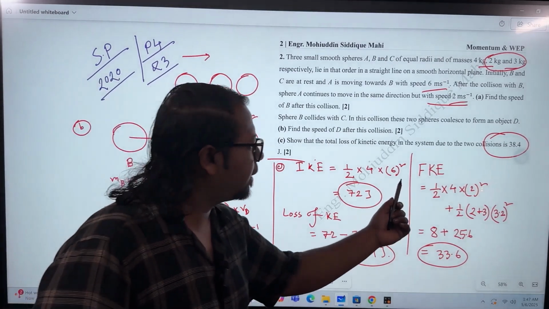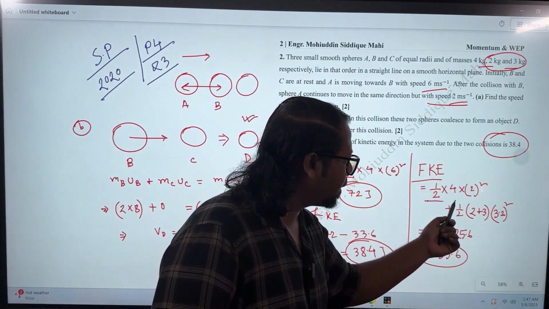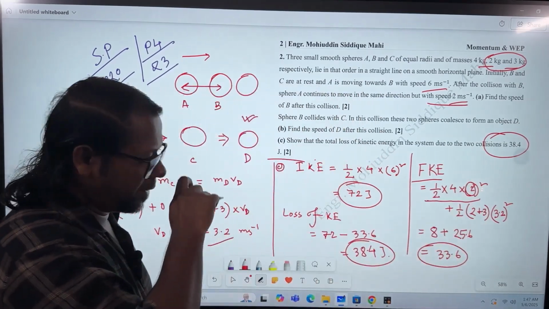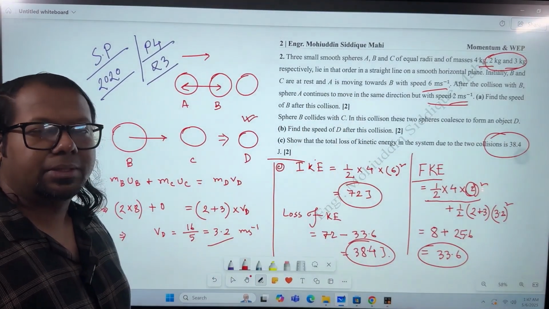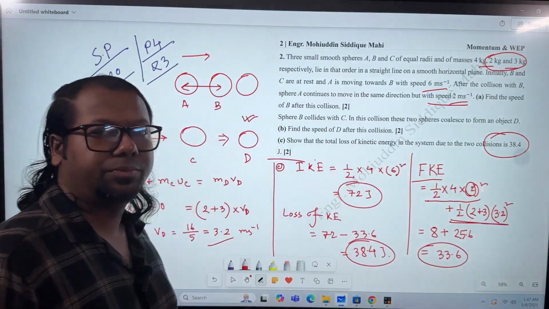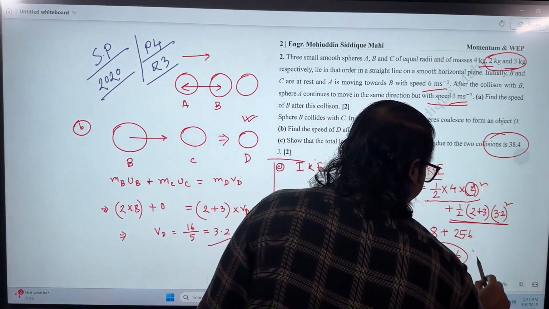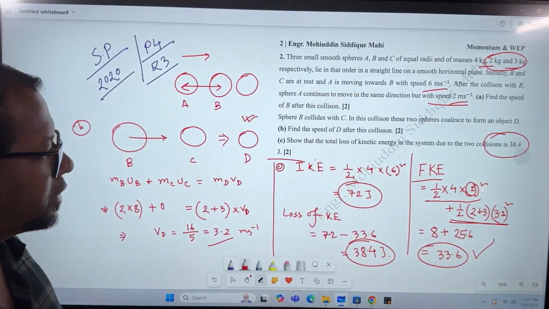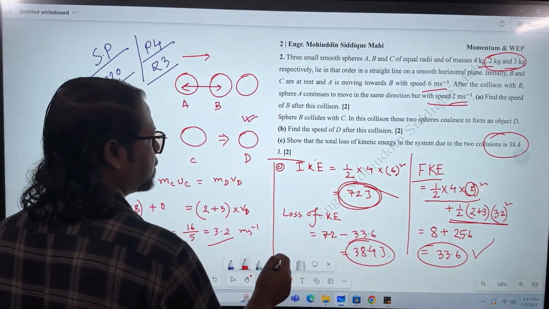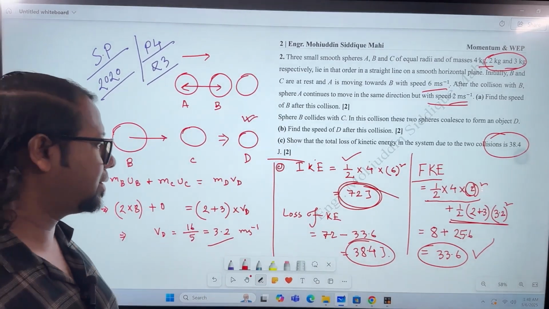So for finding out the final kinetic energies, you need to consider the final speed of A after collision with B, and also the kinetic energy of the combined object D, which we have got after the collision between B and C. So in total, you are getting final kinetic energies after the two collisions, and also you have got initial kinetic energies, and in that case you have just considered the kinetic energies of A, because B and C were initially stationary.